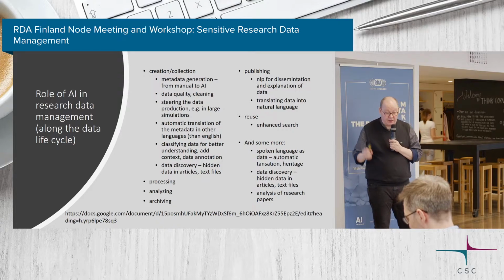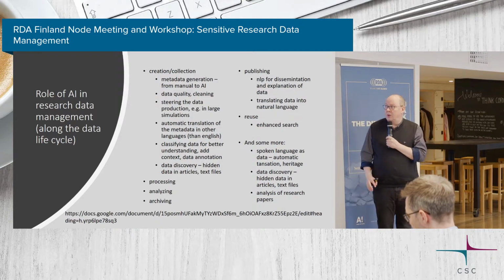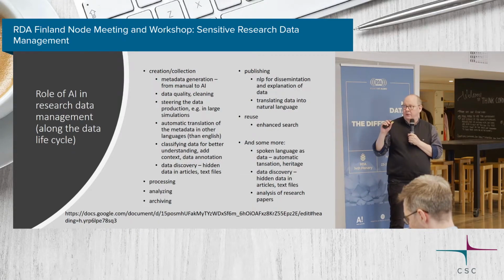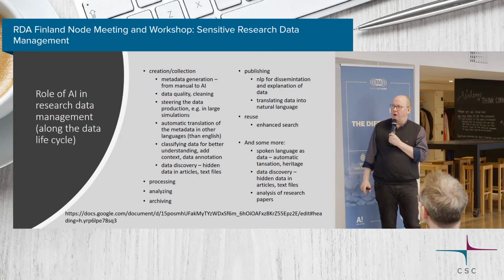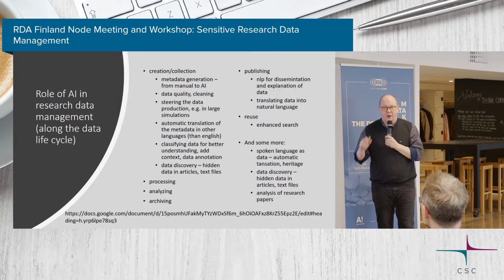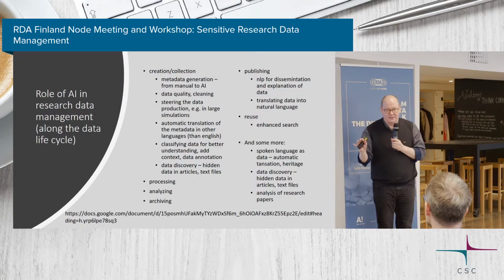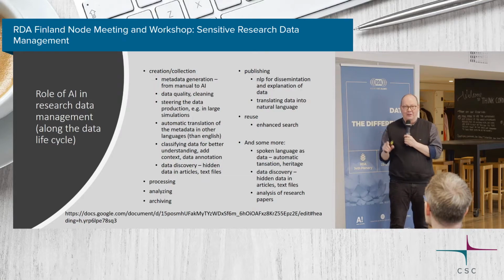Then there was an unconference session, and one part of it was 45 minutes about the role of artificial intelligence in research data management. Only in research data management, not research and data itself, but only the management part.